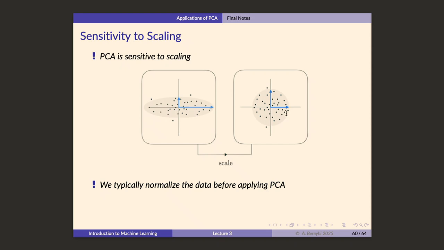PCA is very sensitive to scaling, and one of the solutions that we have is that we always normalize data to some reference that we agree on before we process the data in PCA. Because if we don't do that, then we could simply end up with a wrong conclusion, right? So we find the wrong direction as the principal component, even though it's not. So this is one point.